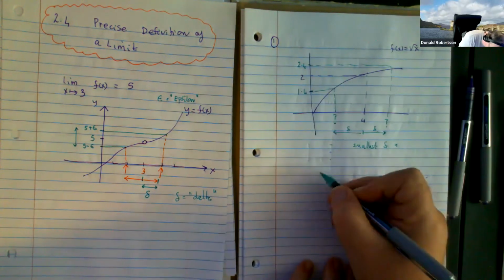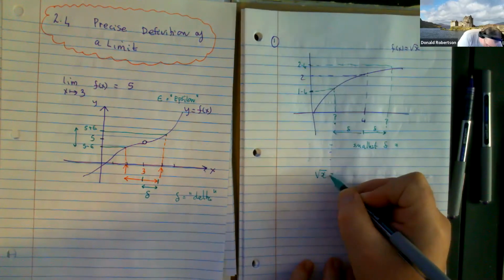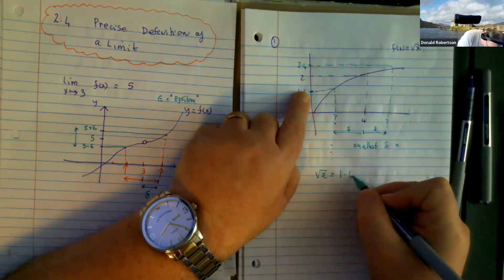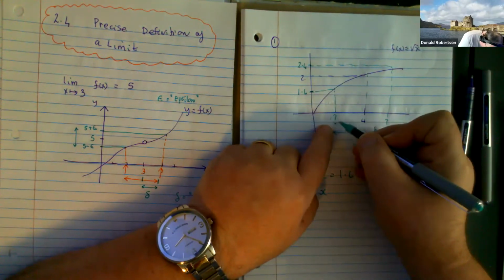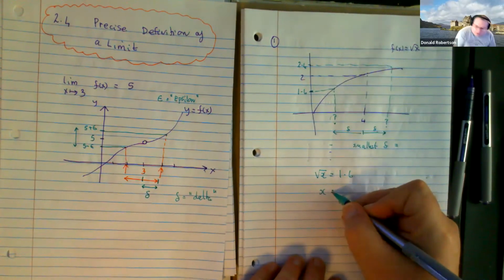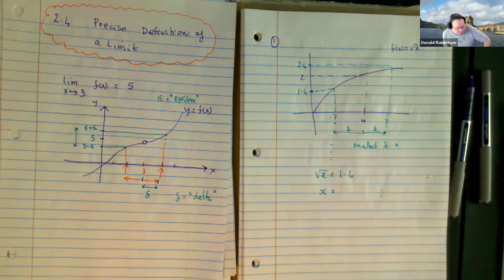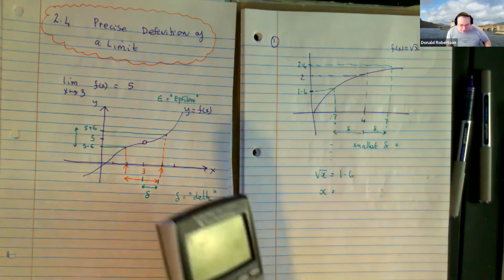the square root of x is equal to 1.6. Now I need to know what this question mark is. What do I need to do to both sides to find x? The square root of x is 1.6.